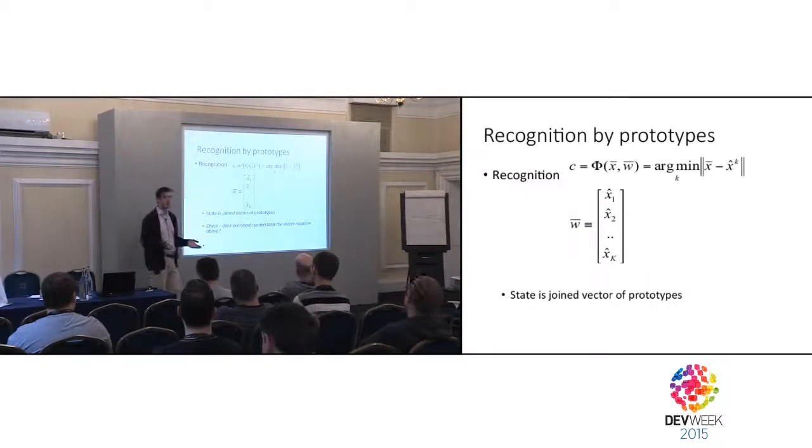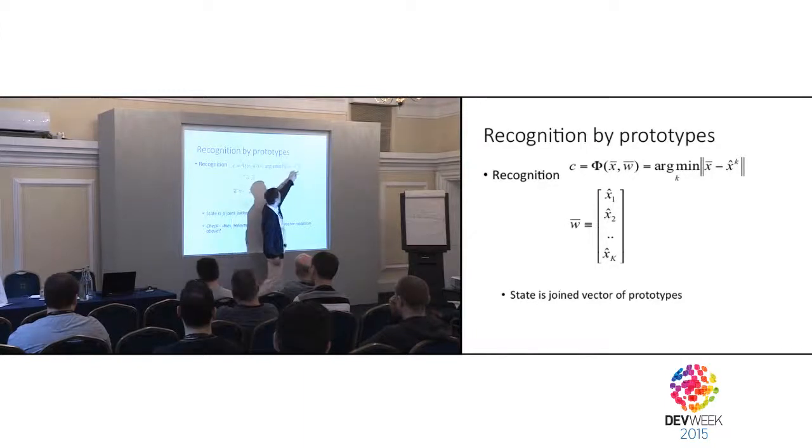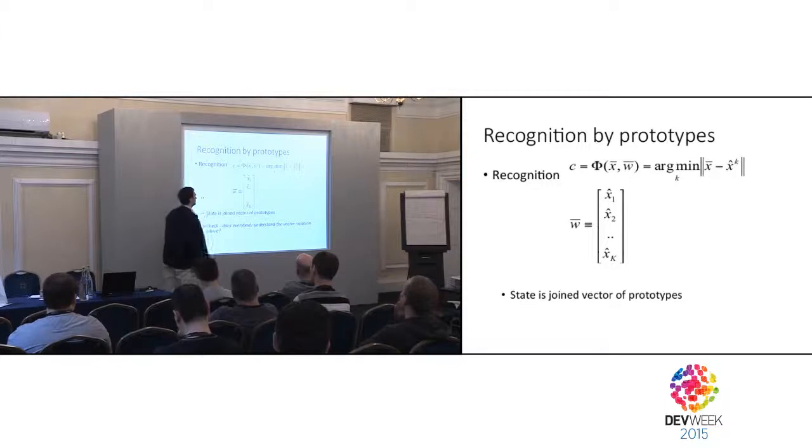So we have prototype vector, which represent average attributes of the objects for apples, for carrots, and for other goods that we, for example, recognize. And this set of prototypes is our state. Yes, that's the set of parameters of our classifier.